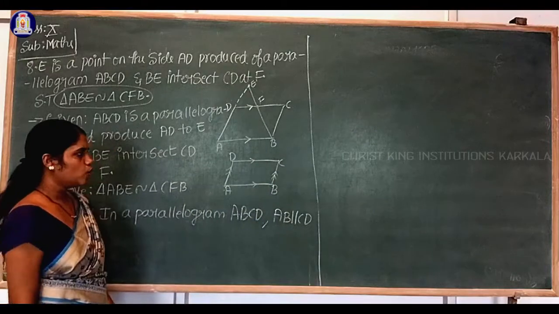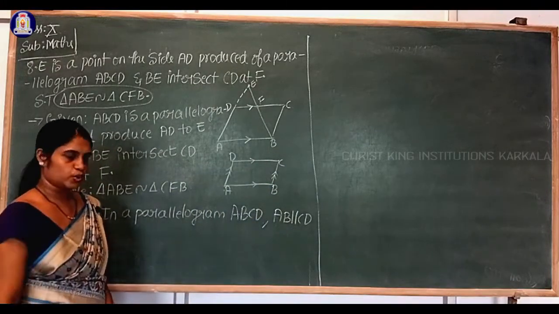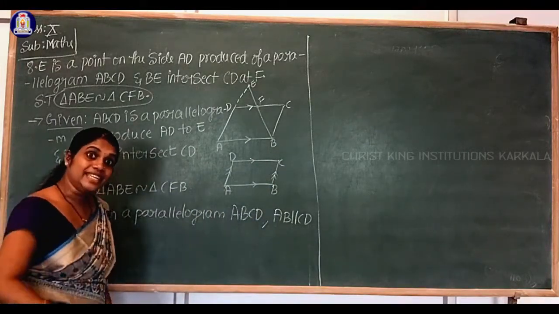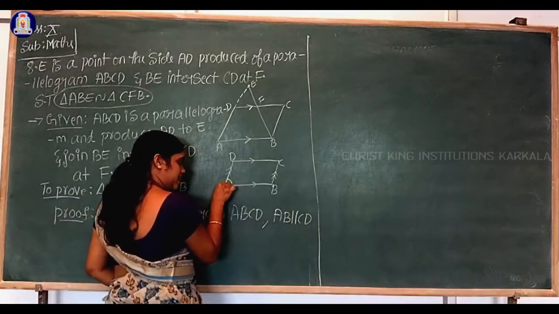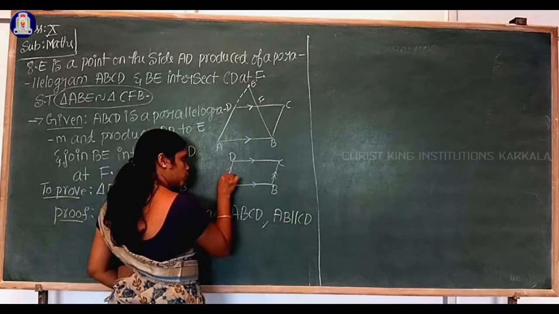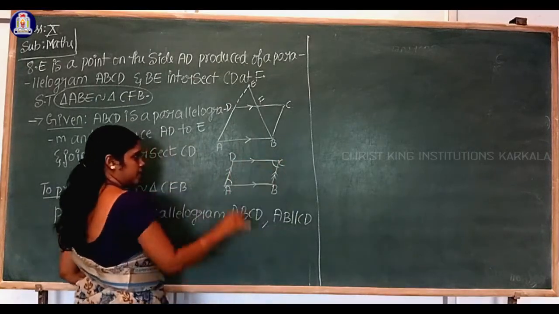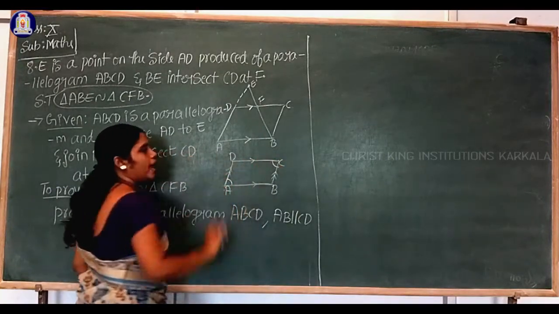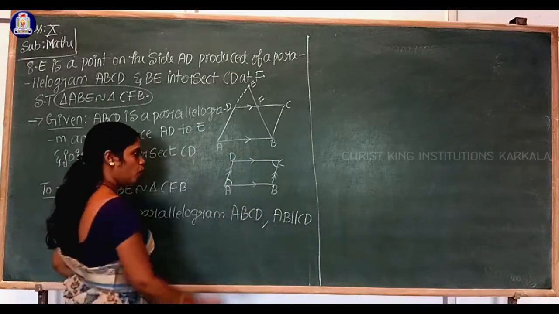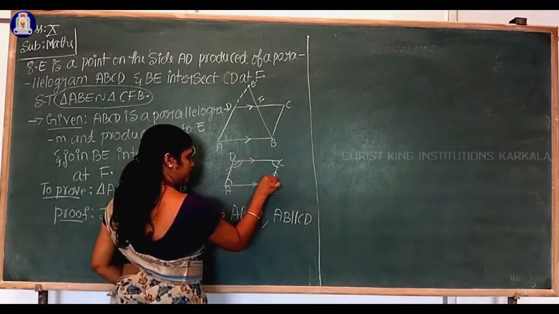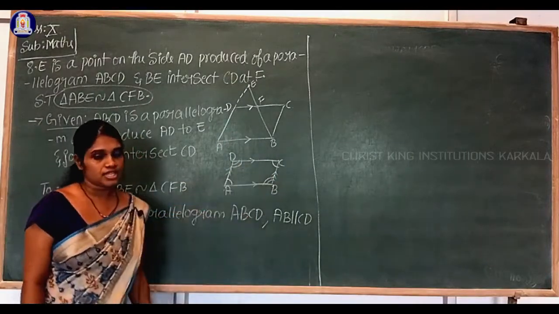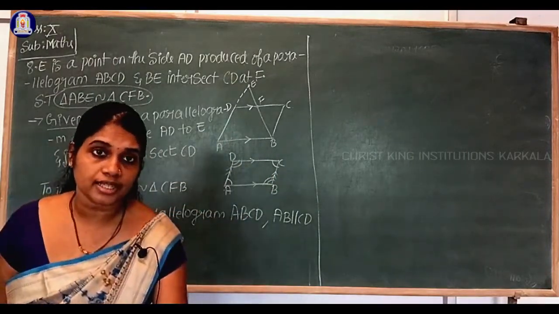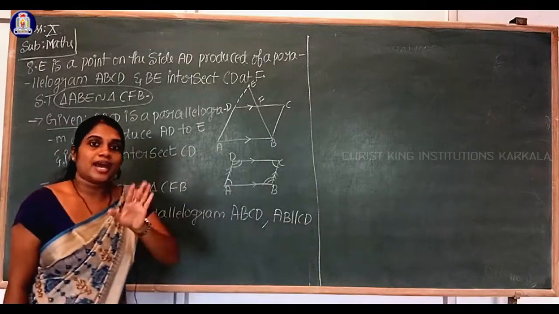Also, for its interior opposite angles, what is the opposite angle to angle A? That is angle C. Angle A will be equal to angle C. Also angle D will be equal to angle B. What is the reason? Because in a parallelogram, interior opposite angles are equal.